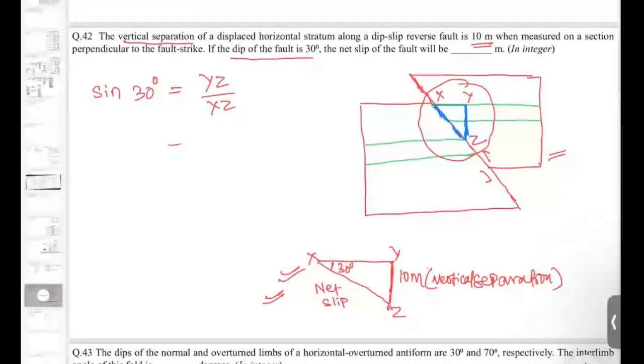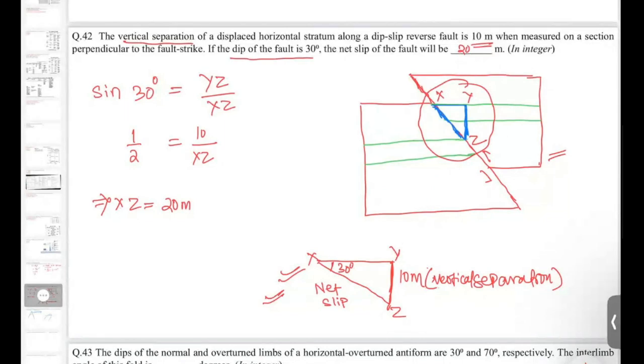This YZ value is 10 meters, and you have to calculate the XZ value. You know that sine 30 degrees is 1 by 2. So XZ, that is your net slip, will be equal to 20 meters. Okay, so the answer will be 20.